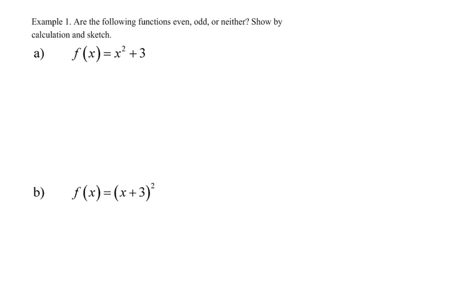Okay. So there's 3 questions here. We're going to check to see if they're even or odd or neither. Okay, and it says show by sketch as well. So to check if it's even or odd or neither, we plug in f of negative x and see what happens.